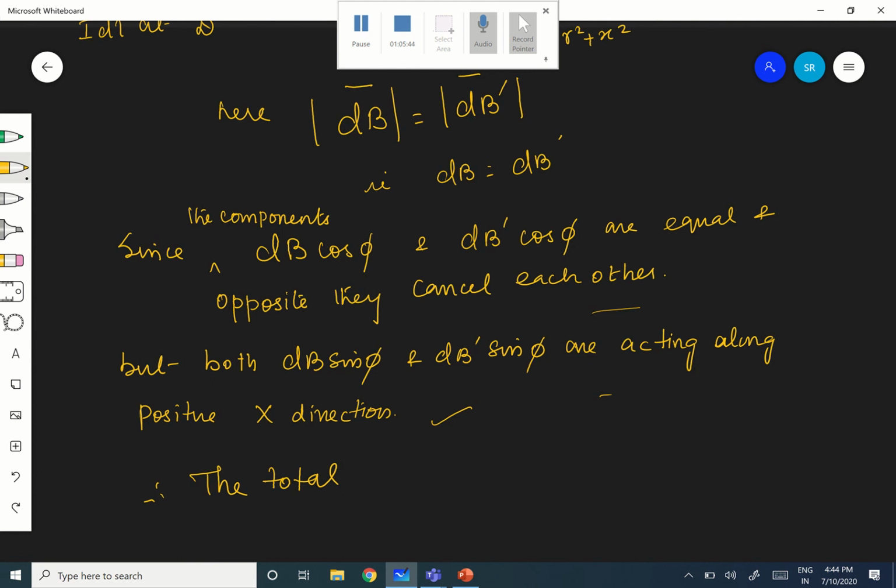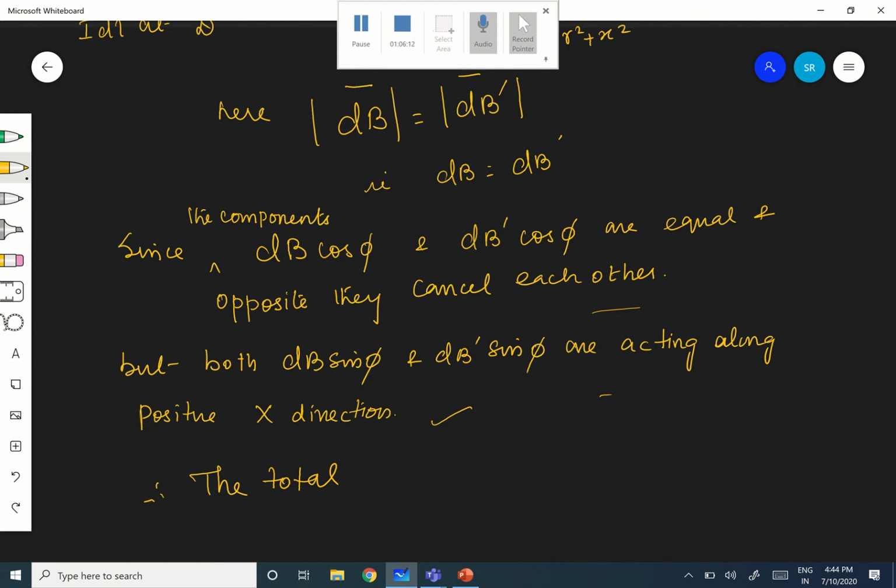From each and every pair, if you resolve the field, all cosine components will cancel and sine components will be there. All the sine components will be along the positive x direction only. Then you can easily add all the sine components. That gives you the total magnetic field at P.